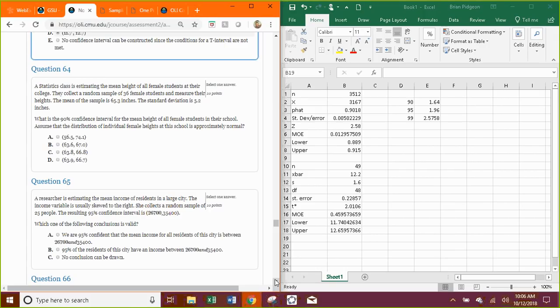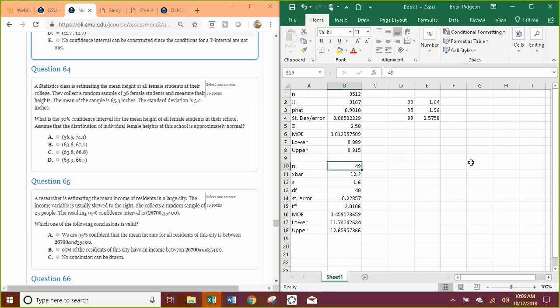A statistics class is estimating the mean height of all female students at their college. They collect a random sample of 36. I have everything typed in, so we're just going to change the numbers. Sample of 36, the sample mean is 65.3, and the standard deviation of the sample is 5.2.